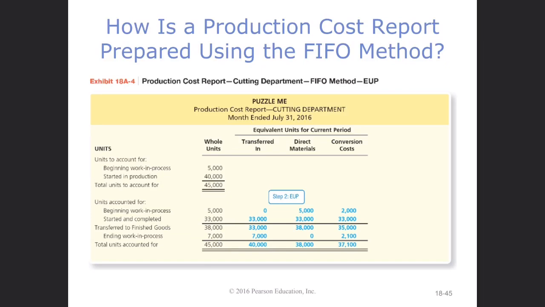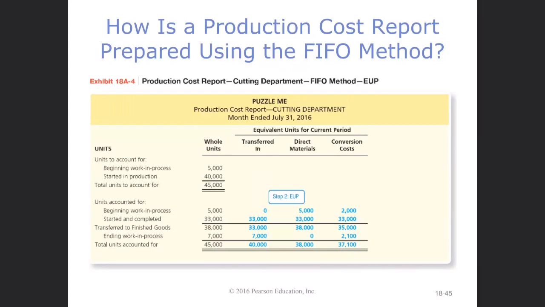So we have here step 2. I'm not going to go through these in detail, but I am going to read through a little bit. In step 2, units accounted for, we have, again, like the other example, transferred in, direct materials, and conversion cost, and you solve those the same way. You're going to take beginning work in process plus started and completed, which gives you the transferred to finished goods.